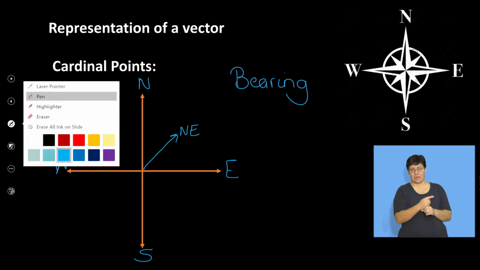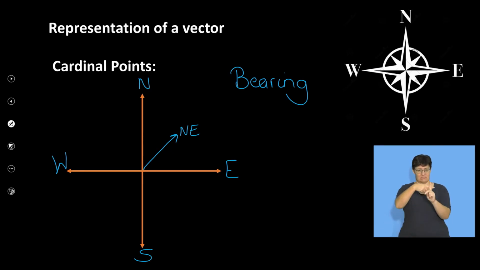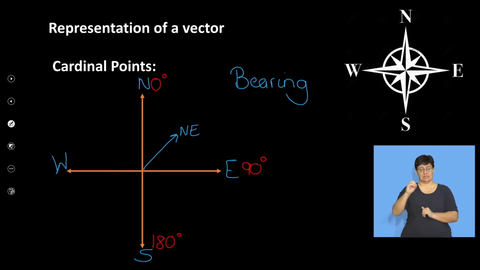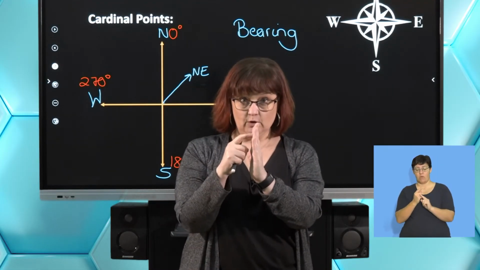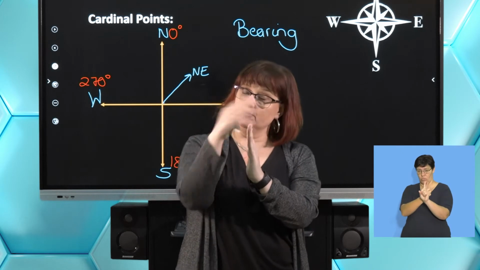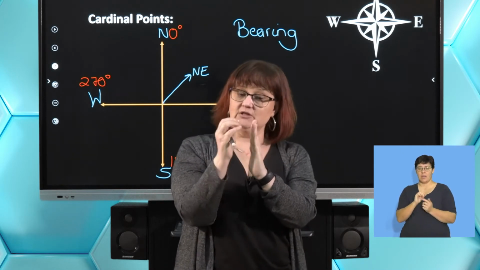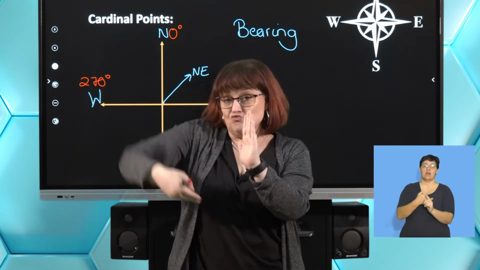So remember, with bearing, north is 0 degrees. East is 90 degrees. South is 180. And west is 270. We also measure our angles from north, from 0. And in maths, you normally go to the left when you measure. With this, we measure to the right.